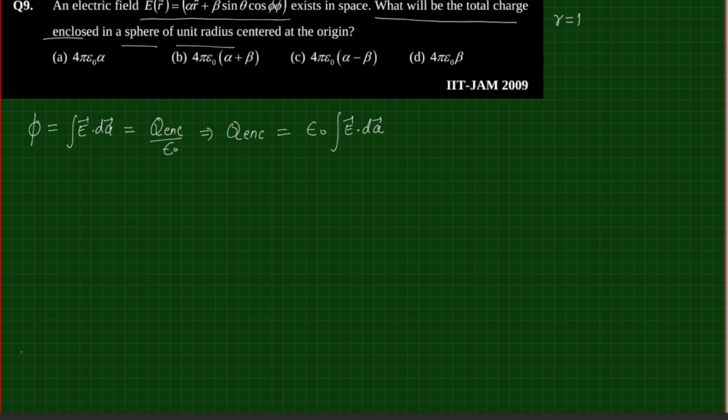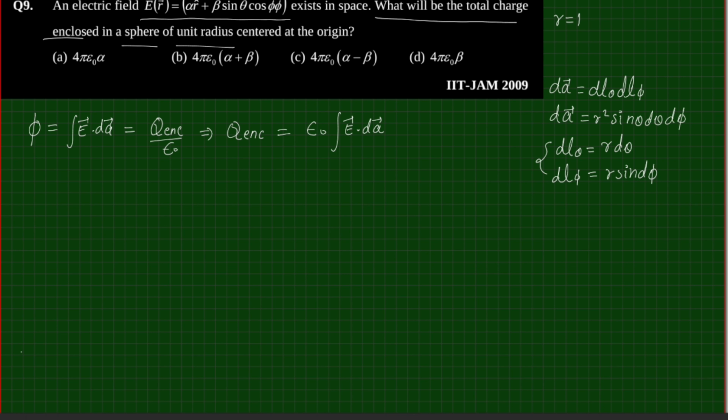Electric field is given, and for spherical symmetry, dA is given by dl theta and dl phi, where dl theta equals r d theta and dl phi equals r sin theta d phi. Put these values. So dA will become r square sin theta d theta d phi r cap.